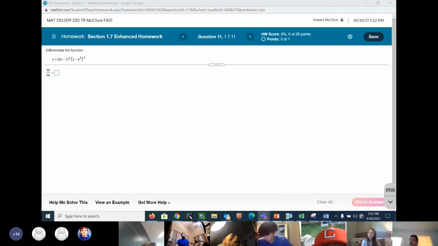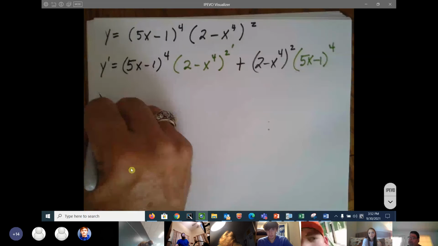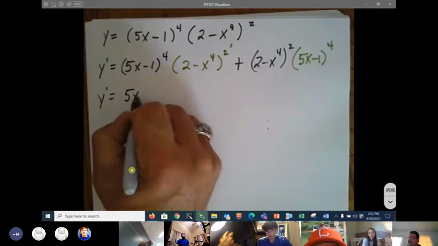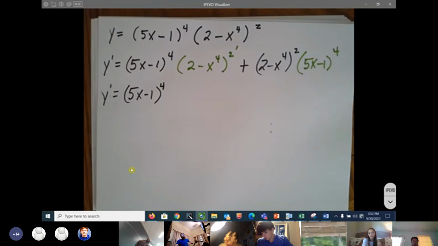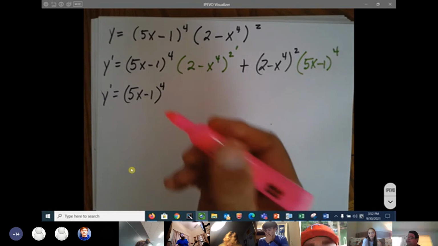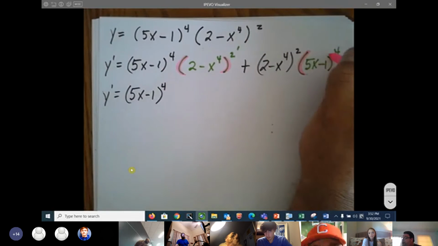Okay, so that's going to be y prime, I'm sorry. It's going to be y prime is equal to (5x minus 1) to the 4th power. And here is our parentheses. And here's our parentheses.